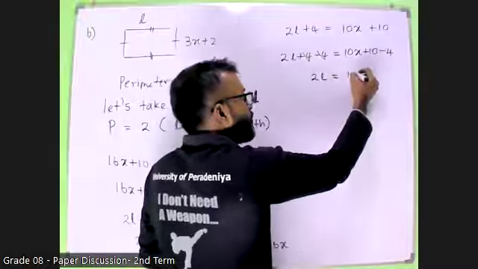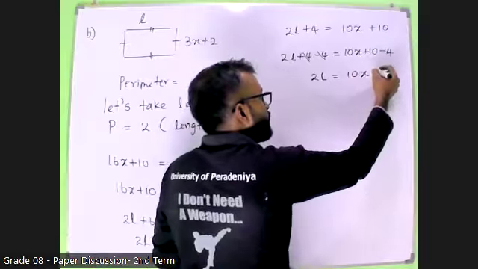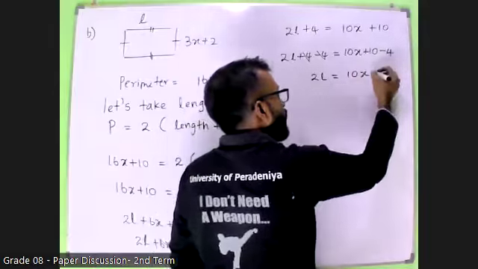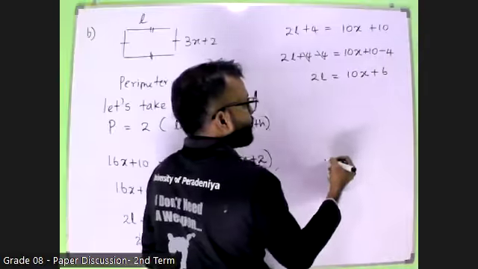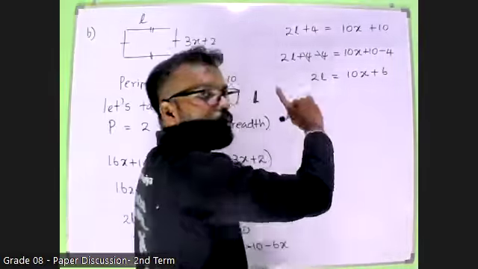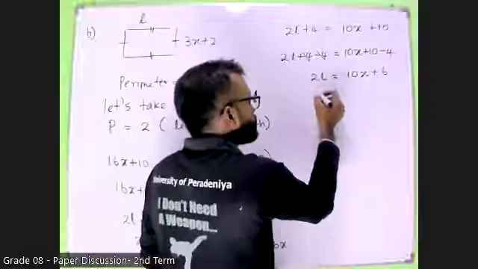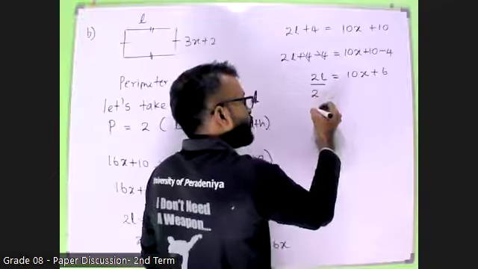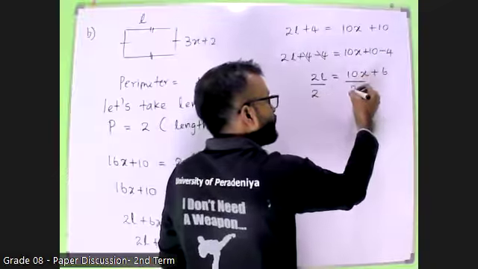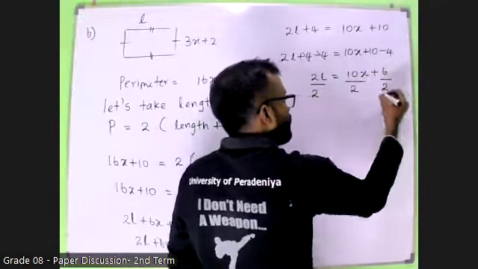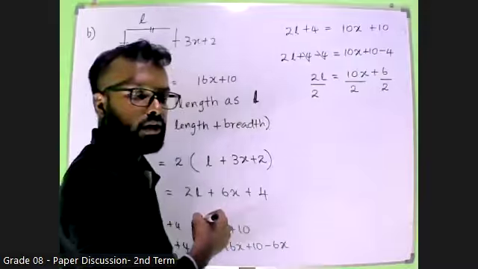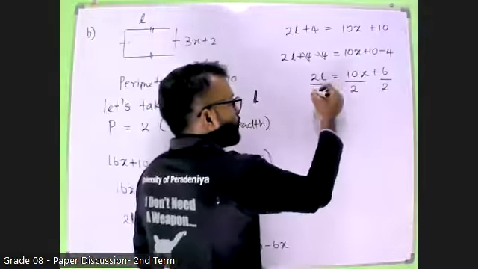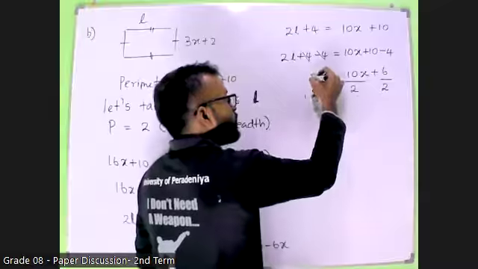Equals 10x, and 10 minus 4, 6. Now divide both sides by 2. Here you have 2L, divide this side by 2, and each and every term you need to divide by 2. So cancel out.